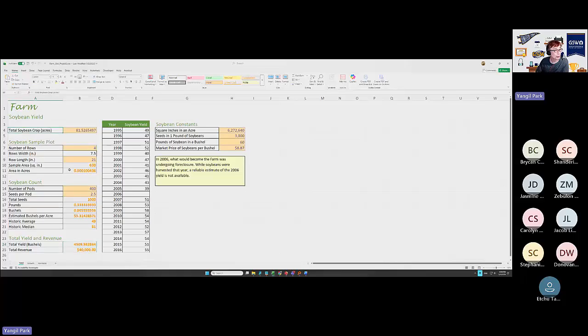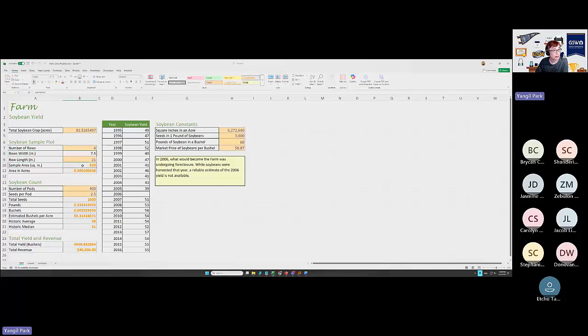That's the total soybean crop, the total area in the field. Then they have the sample area that they're trying to see how much soybean they can grow. So that's the number of rows, 4, row width, 7.5, row length, 21 inches. Those are the inches. They are given in the directions.